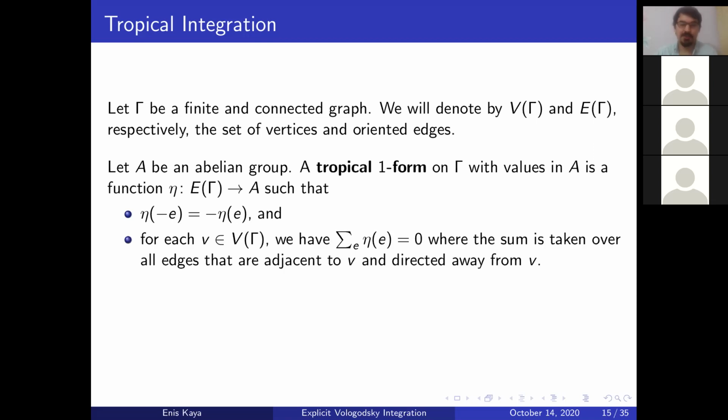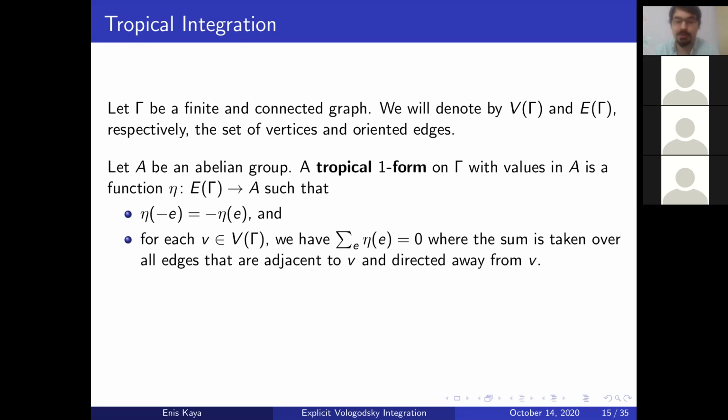The second condition says that for every vertex V, the sum of eta of a, where this sum is taken over all edges that are adjacent to V and directed away from V, will be zero.